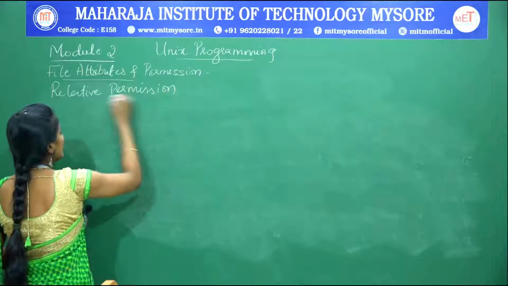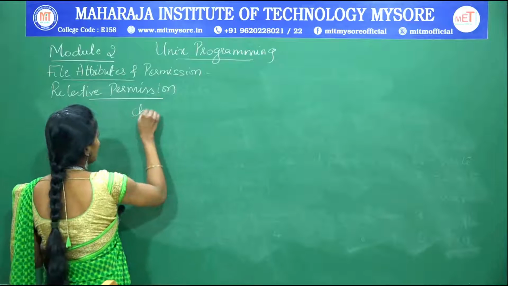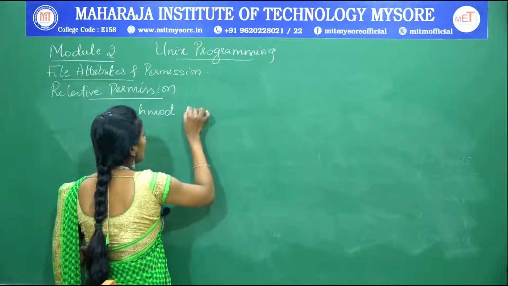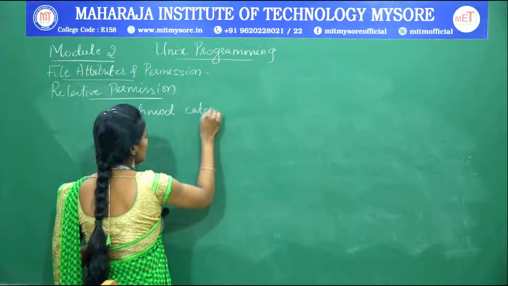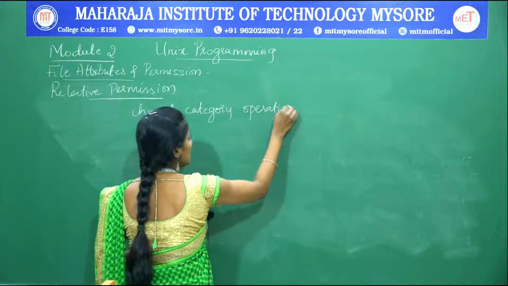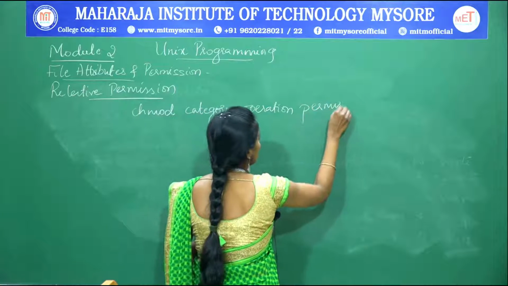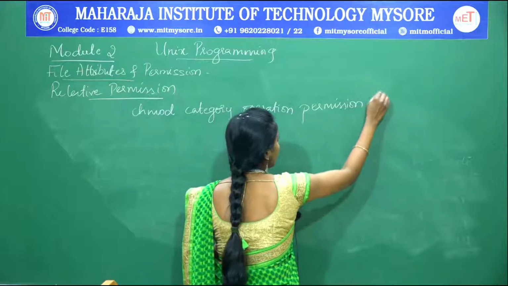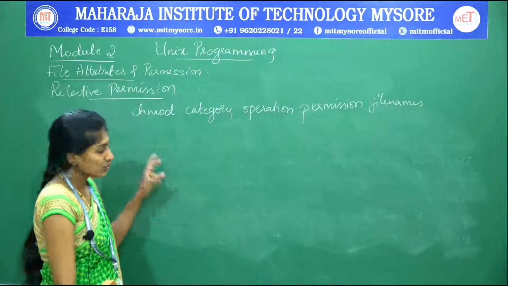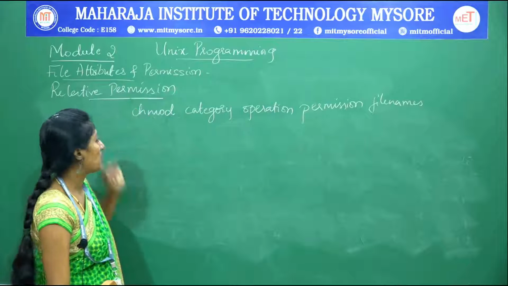The syntax of assigning a relative permission using chmod here is chmod, followed by category, then operation, then permission, then the file name or file names. This is how the syntax is used for assigning the relative permission.